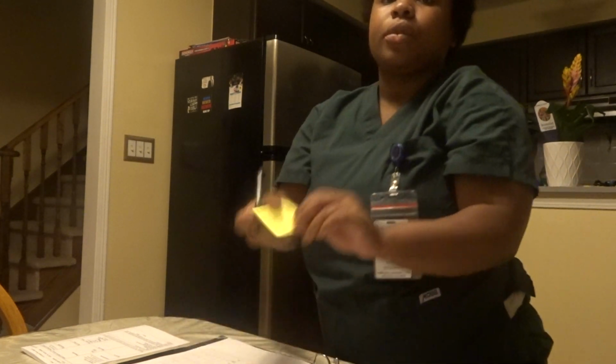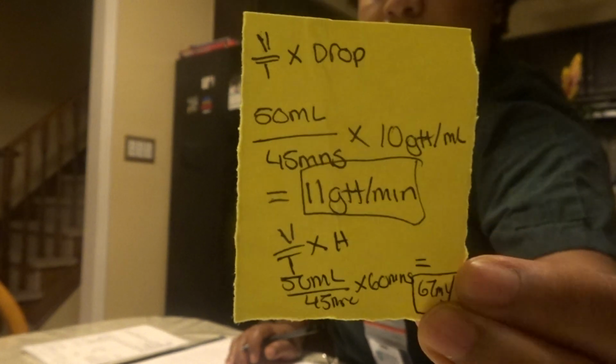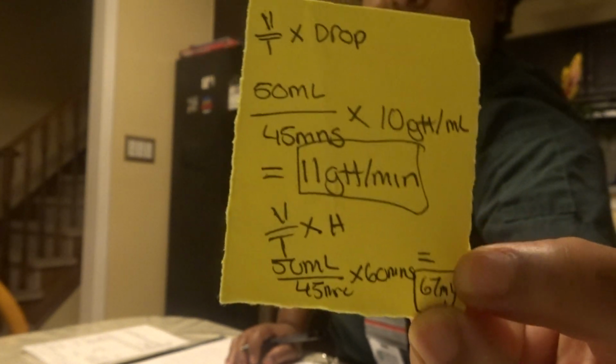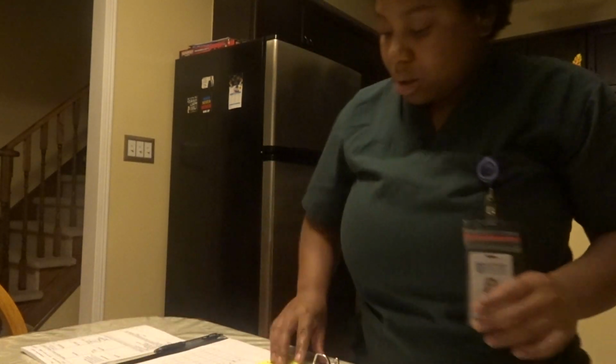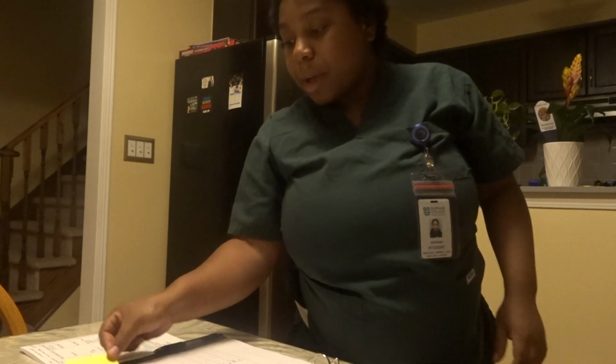Okay, and this is my equation. So my drop is going to be 11 drops per minute. After doing my math, I'm going to flip it over. I'm going to do my third check.